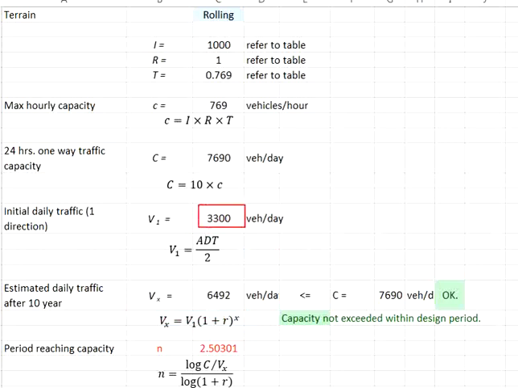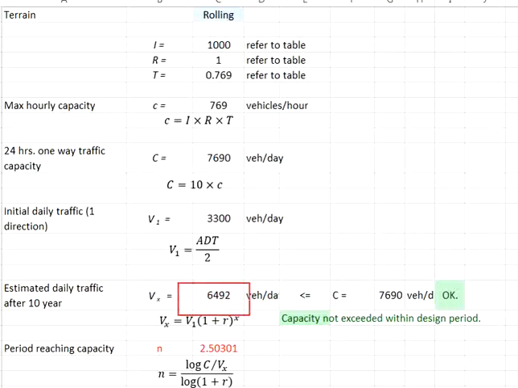Based on the initial traffic volume, taking into consideration the growth factors as well as the design period of 10 years, the estimated daily traffic after 10 years shall be equal to 6,492.